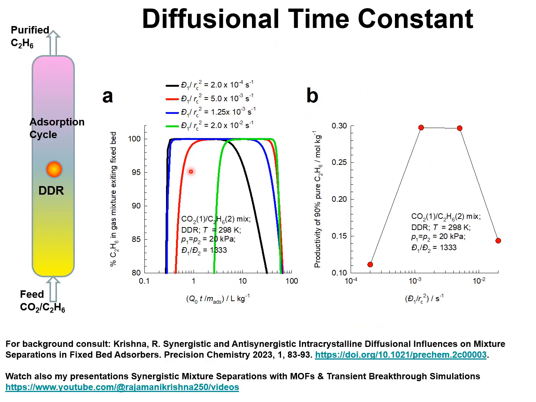For 4 different values of the diffusional time constants corresponding to 4 different choices of the crystallite size, I plot in this graph the percentage of ethane leaving the fixed bed adsorber as a function of a modified time parameter defined as the flow rate Q0 at the inlet to the fixed bed times the actual time divided by the mass of adsorbent. The units of the x-axis are liters per kilogram.